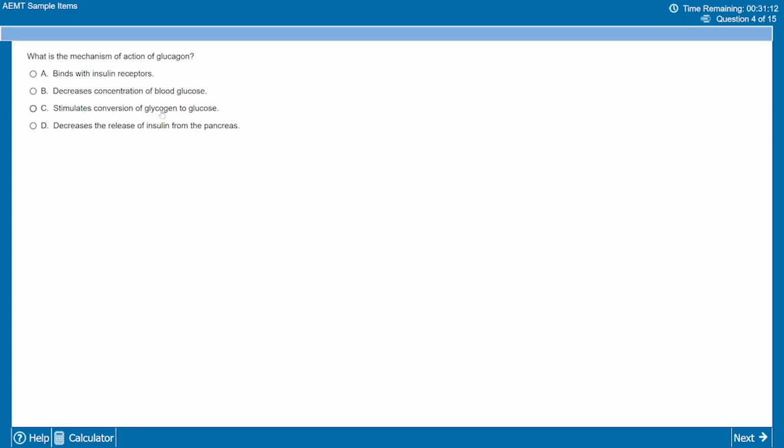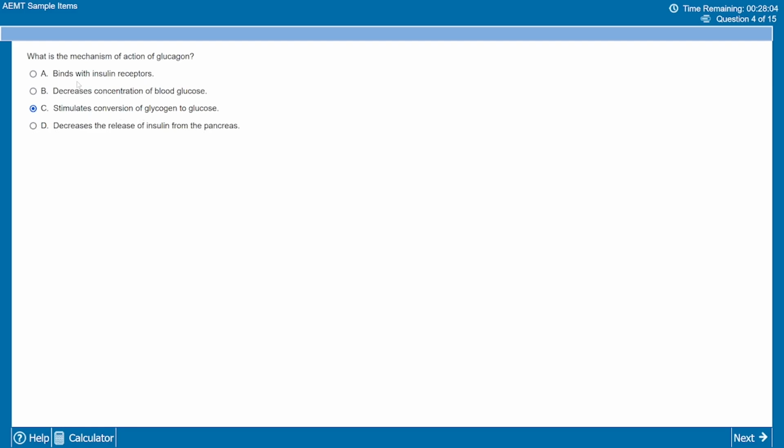Stimulates the conversion of glycogen to glucose. I personally would pick this answer choice. I think that it's correct. The fourth answer choice is decreases the release of insulin from the pancreas. Now, this is just something that we relatively never do. This wouldn't really make sense. I've never even heard of something like this. So in my head, I would automatically cross this out, right?